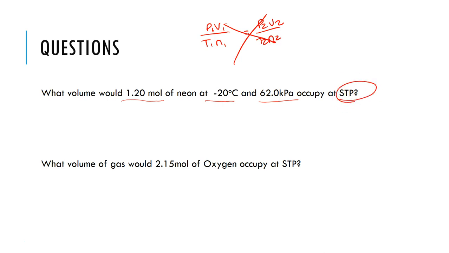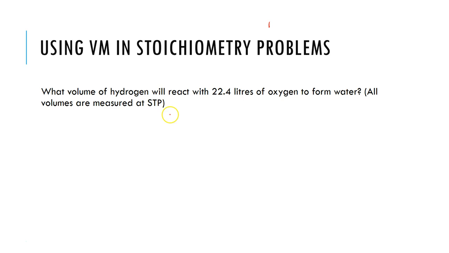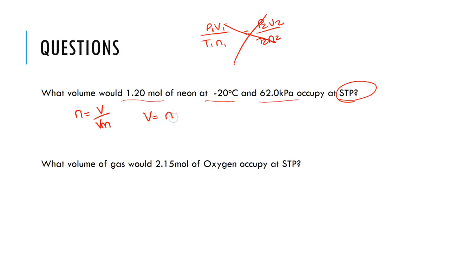If we're at STP, then irrespective of what the volume is, n is going to equal V on Vm. We actually want to solve for V, so we're going to get V is equal to n times Vm in this case. So we've got 1.20 multiplied by 22.4.